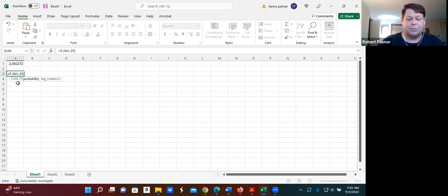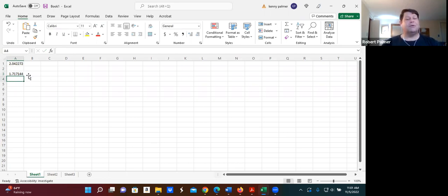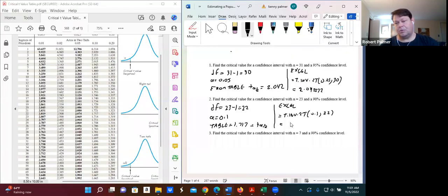Double click on that. So probability is 0.1, and we have 22 degrees of freedom. We get the same thing with more figures, 1.717144.